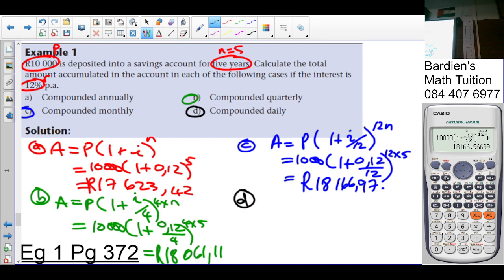D, compounded daily. What will the formula look like then? A is equal to P into 1 plus I over 365 to the 365. What's the principal amount?